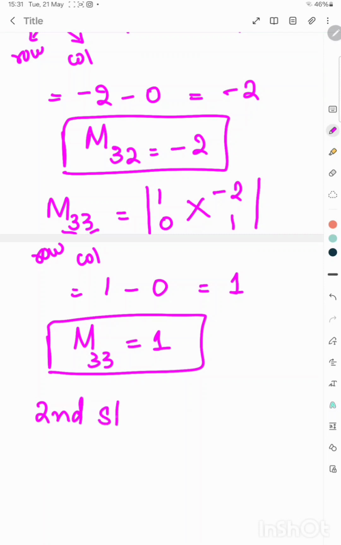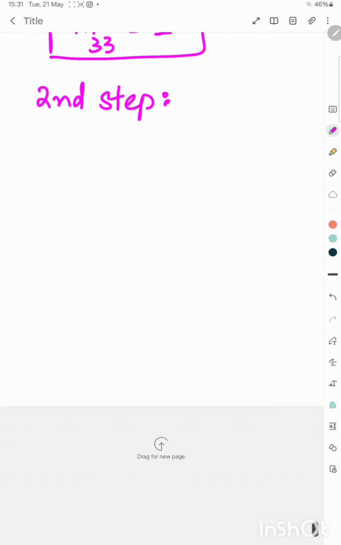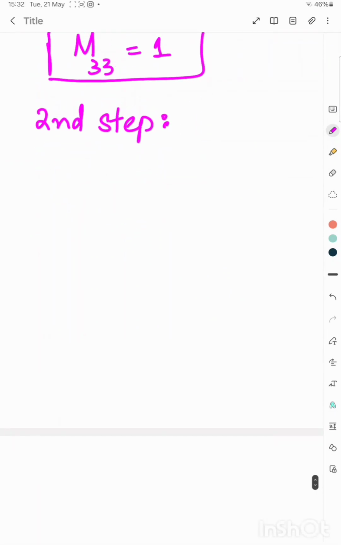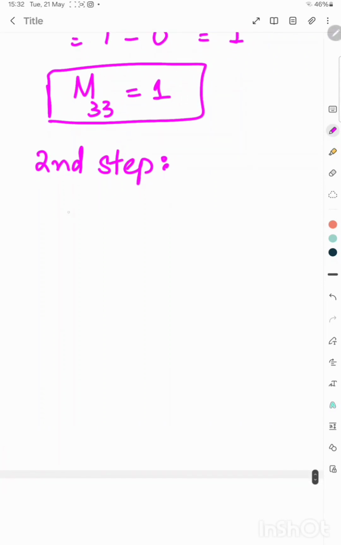Now what will be my second step? In my second step, I will convert these minors into cofactors. So how will I do this? Students, I will write it here: convert minors into cofactors.